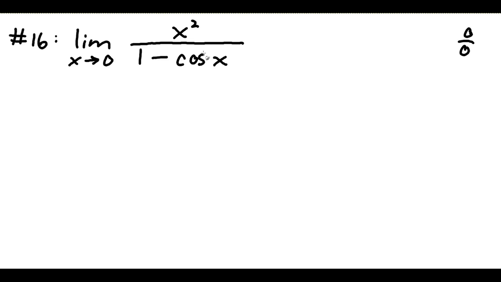If we think about some of our trigonometric limits, we might realize, hey, if we divide numerator and denominator by x, so that in the numerator we'll be left with x, and the denominator will have 1 minus cosine x over x, and you think about this expression as x is approaching 0, well, this in the denominator, as x approaches 0, approaches 0. So we still have a 0 over 0 form. So unfortunately, in this case, even using our trigonometric limits will not help us.